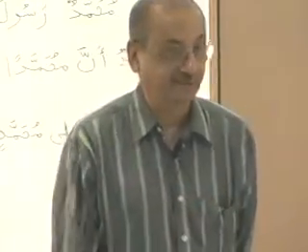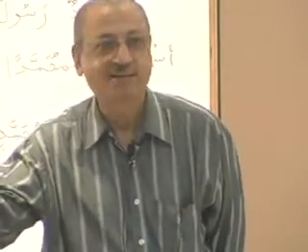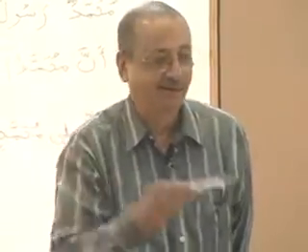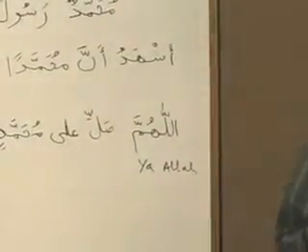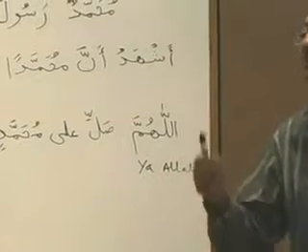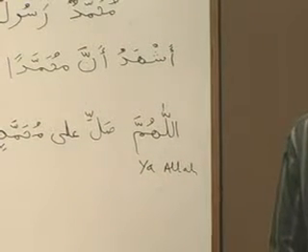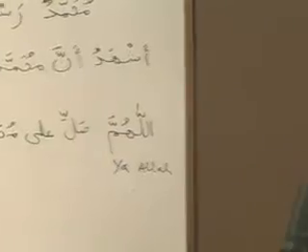Human beings have intelligence, but things have no intelligence. Pen doesn't have intelligence. Okay, kitab doesn't have intelligence. We have intelligence. So anything which is aql, having intelligence, when you want to find out about that, you will use man. When you want to find out about things, you will use ma.